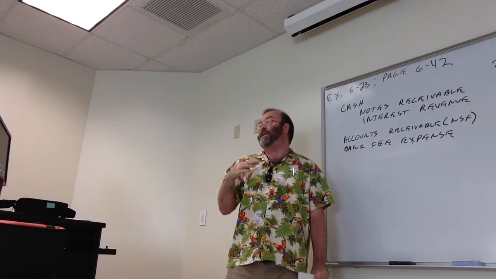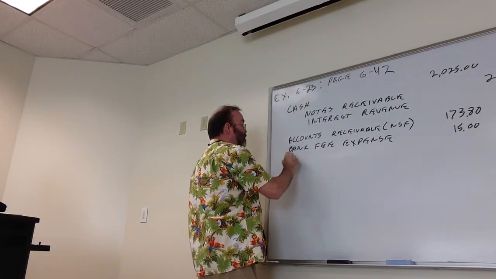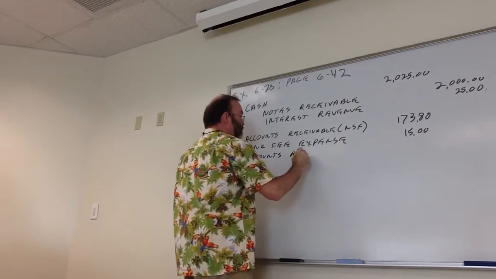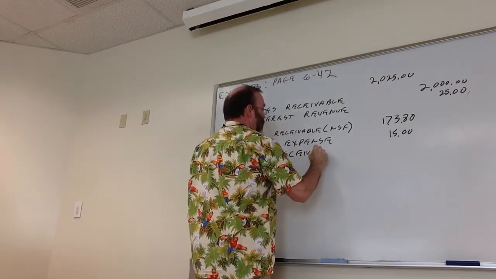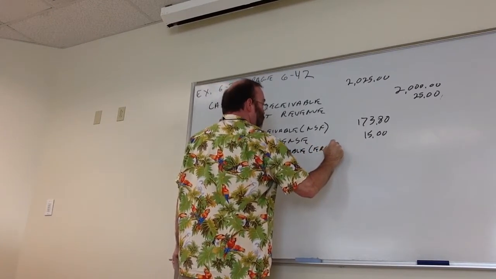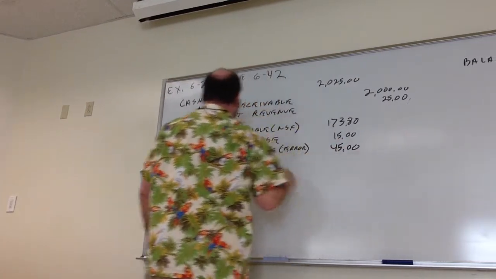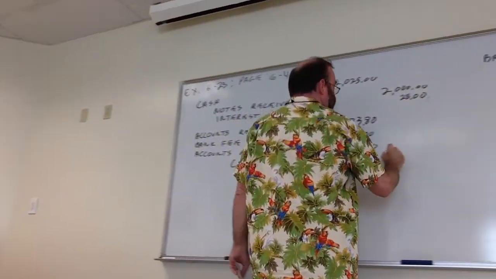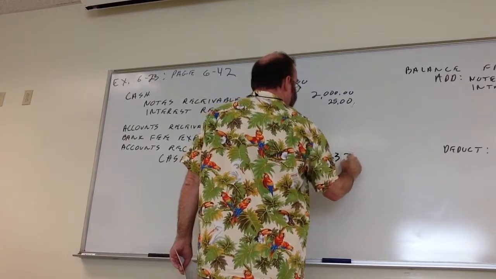You now need to fix it. So you need to credit accounts receivable. I'm sorry, debit accounts receivable for the error, $45. And then the credit for all of this is cash. And that's the $233.80.